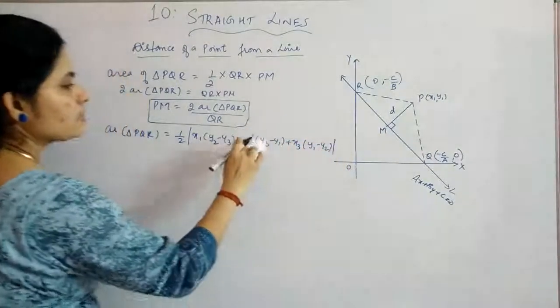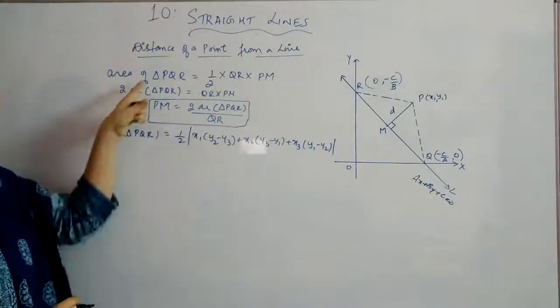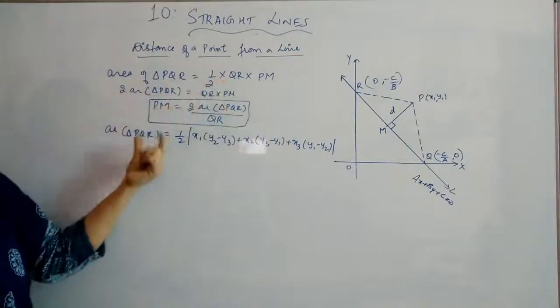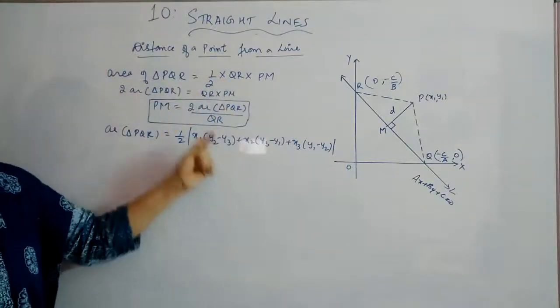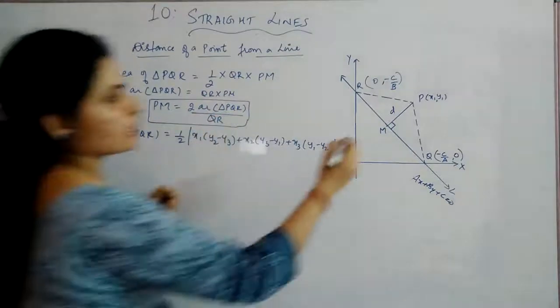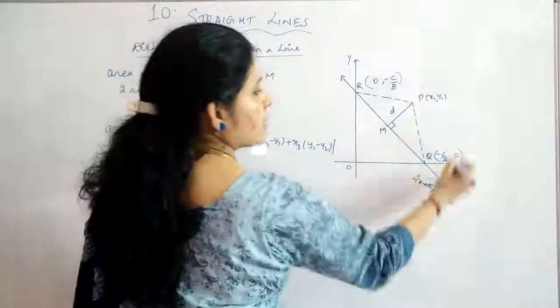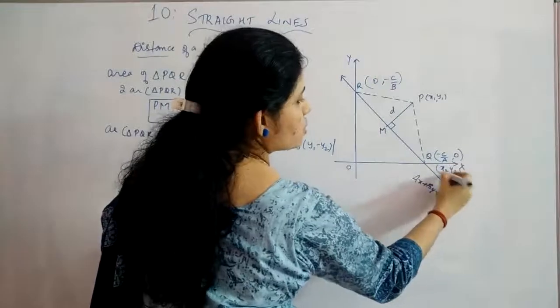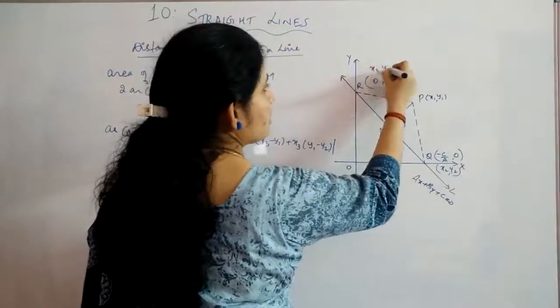Here we used half base into height, and here we use this formula to replace the values. Let this be x1 y1, this be x2 y2 and this be x3 y3.